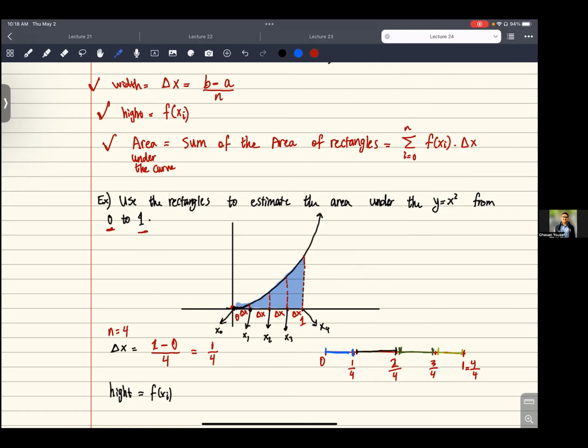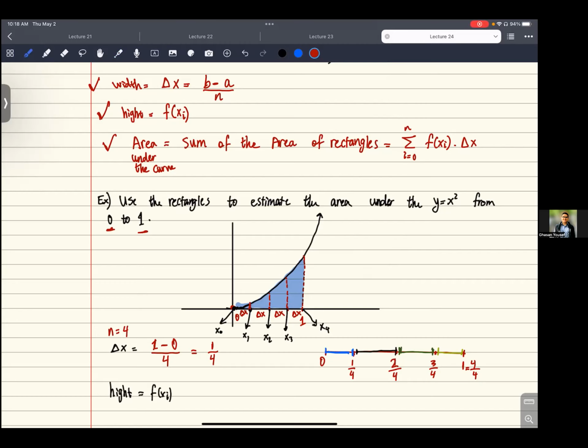For the upper estimate, I need the rectangles to be above the curve, with endpoints for the first subinterval, second, third, and fourth. Let me start from the left.